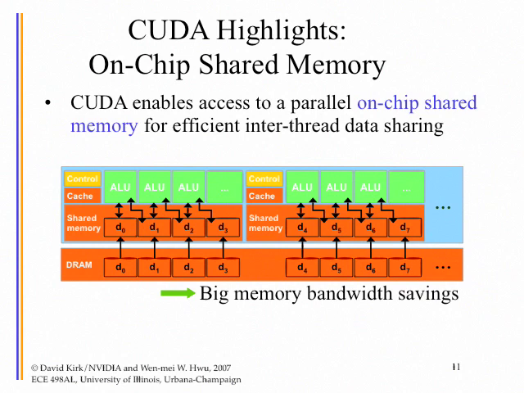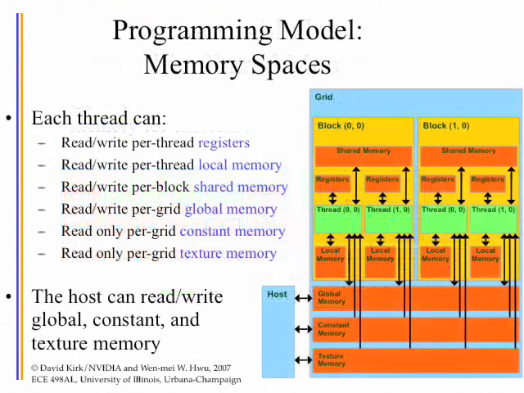However, the bandwidth on chip is at least an order of magnitude higher because these things are run by wires on chip. They're much cheaper, and they're also running at a higher clock frequency. That's why CUDA exposes this shared memory to the programmers.